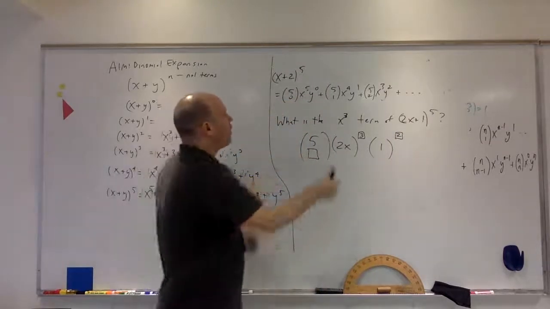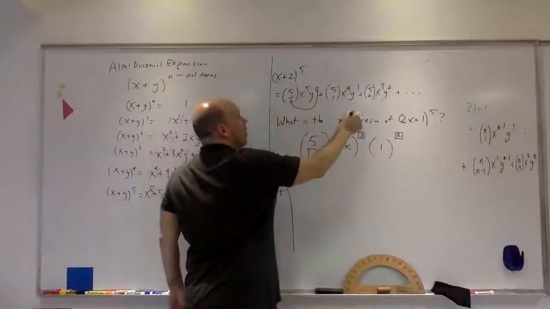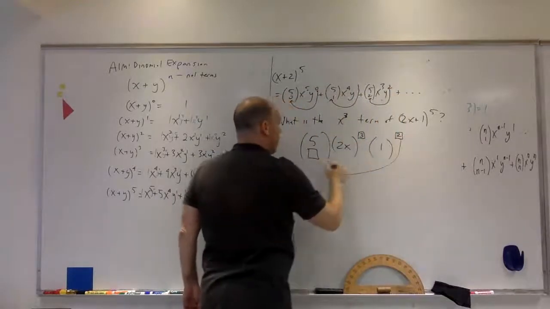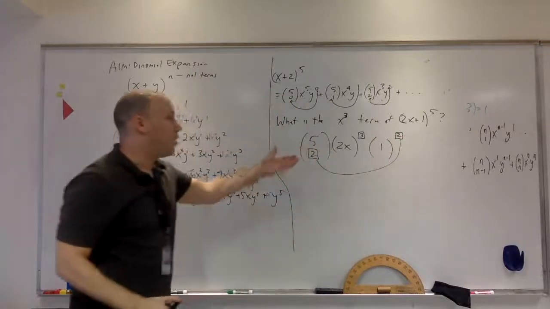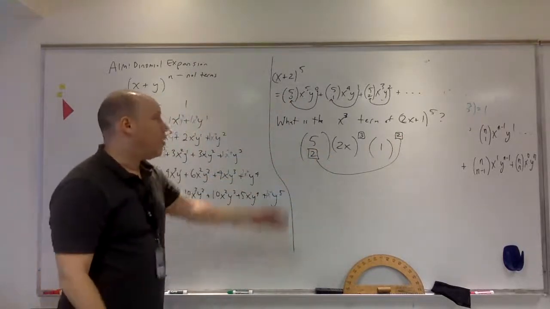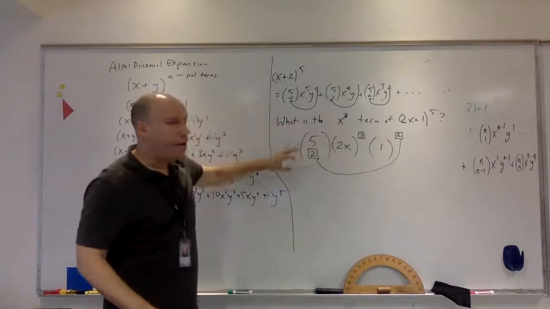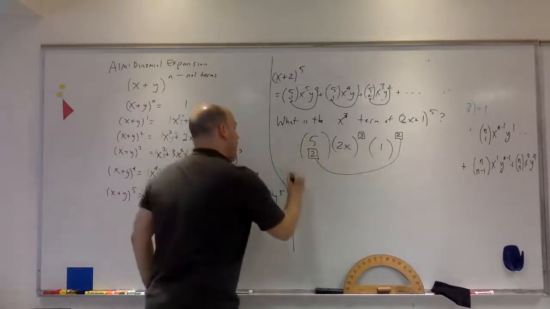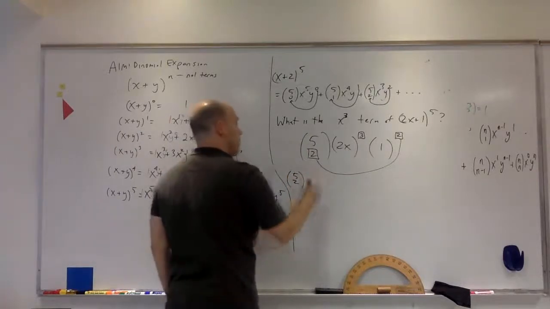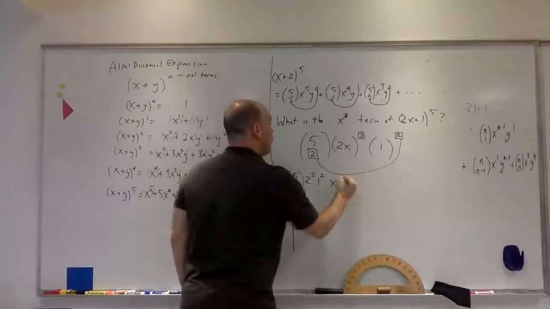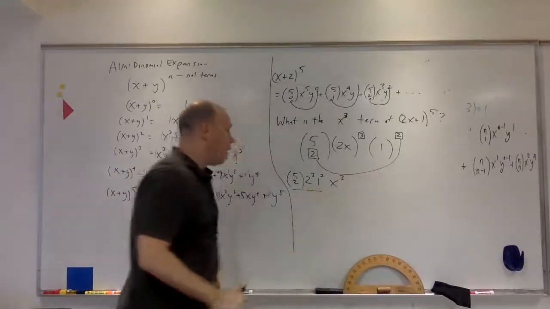And then here's the last part. This is fun. It turns out that this 0, that's not a coincidence. So this 3 goes over there: 5 choose 2. What you have to do is first pull out all the constant stuff and then leave the extra. So we have 5 choose 2, 2 to the third, 1 squared, x cubed. This is what I'm interested in.